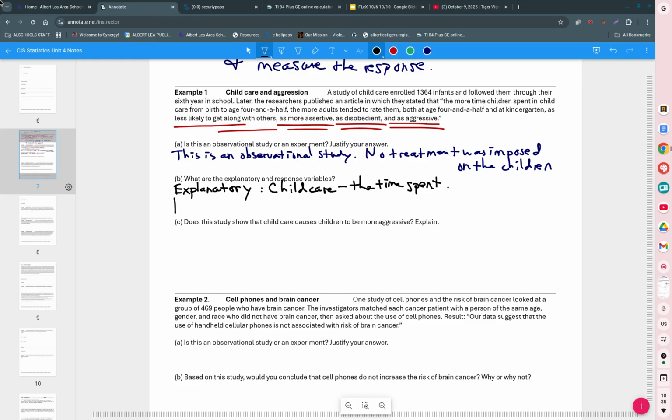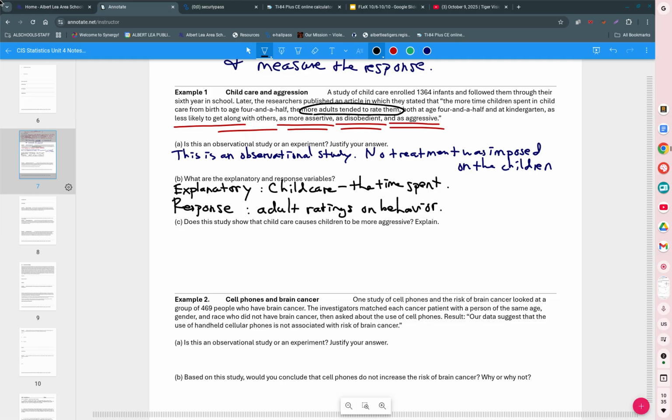Explanatory. What's the response in that situation? Well, what they are measuring in this situation is, it says adults tended to rate them. So the response variable is the adult ratings on behavior. That's what we're trying to measure.